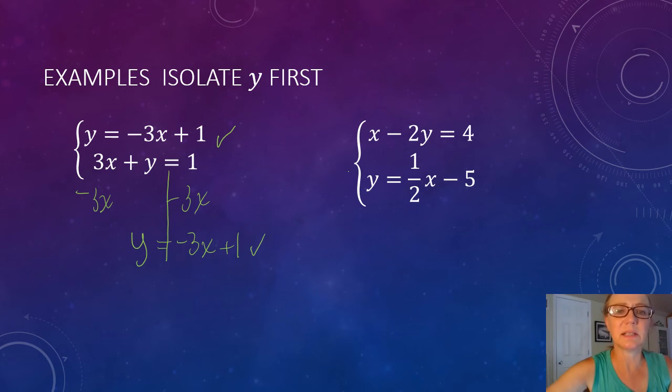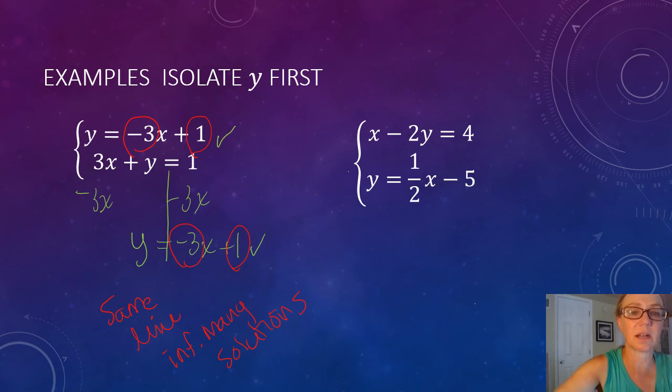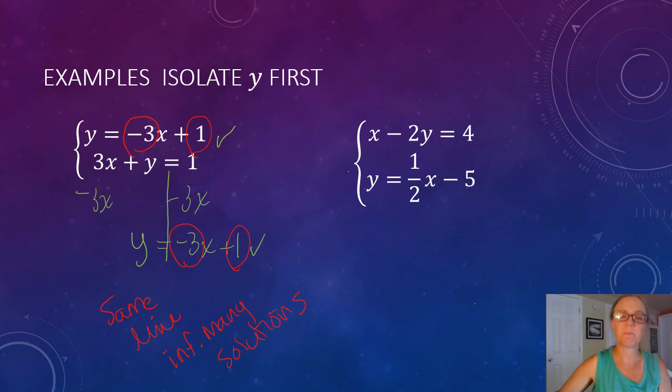Once I have y isolated, then it's very easy to see that my slopes are the same and my y-intercepts are the same. So these two equations represent the same line. So my solution is infinitely many solutions. You have to actually state that. You can't just say same line. That's not enough. Infinitely many solutions.